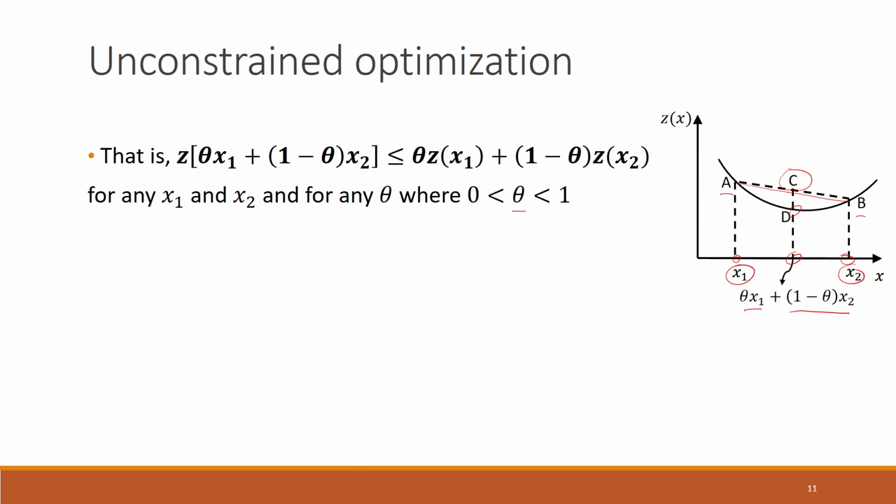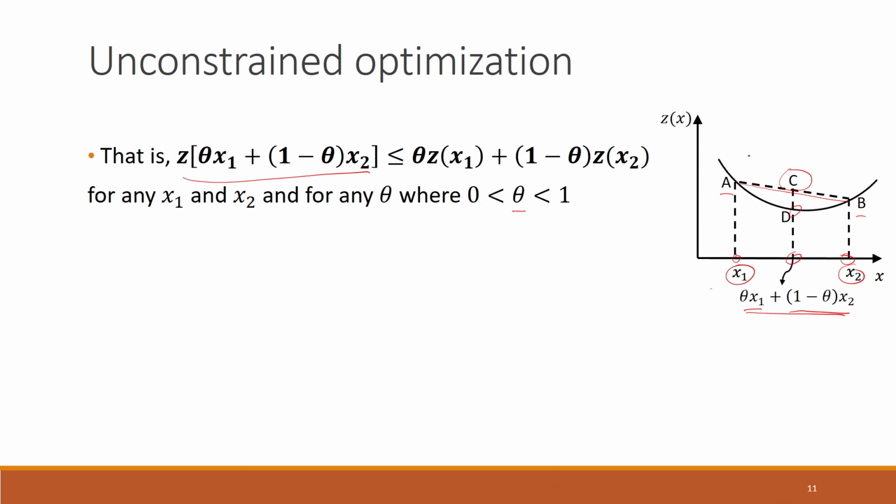So at this value theta x1 plus (1 minus theta) x2, the value of the objective function is z of theta x1 plus (1 minus theta) x2, which is written on the left hand side here. Now what is the value at this point C, which is lying on this line segment and exactly on the same vertical line as this point D?